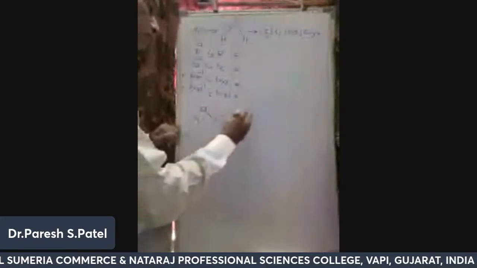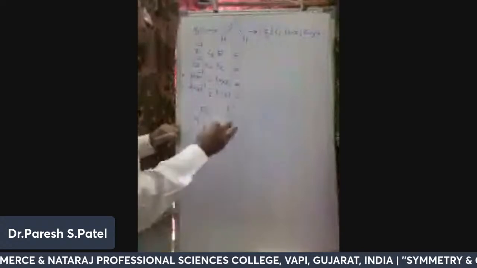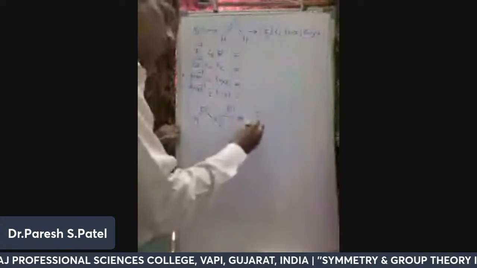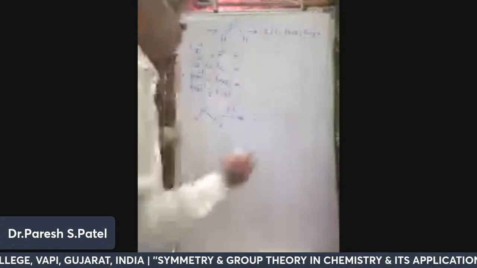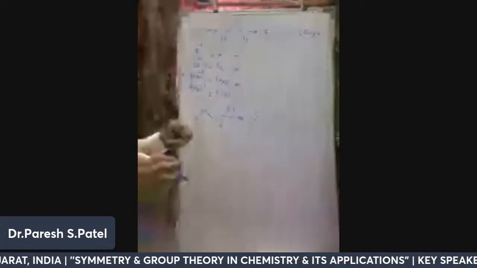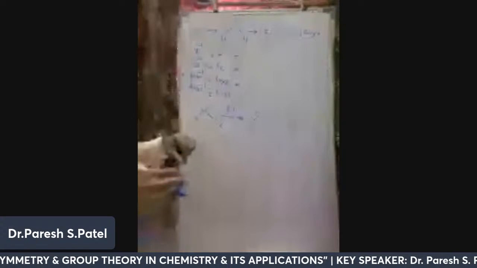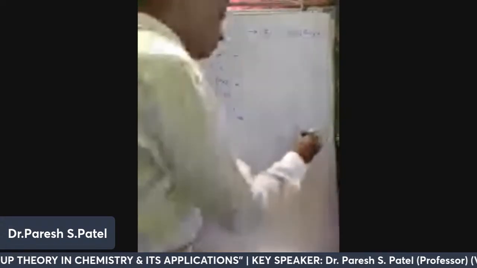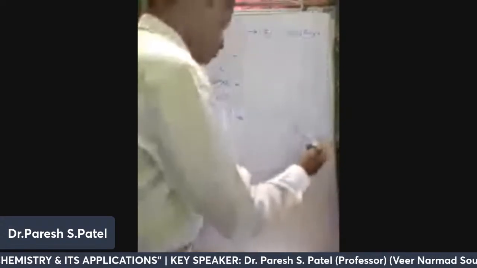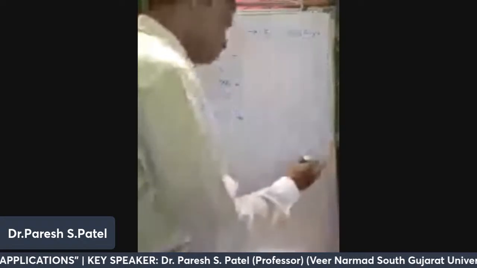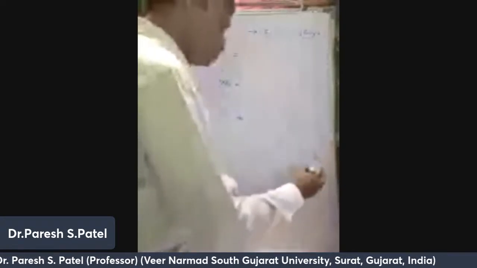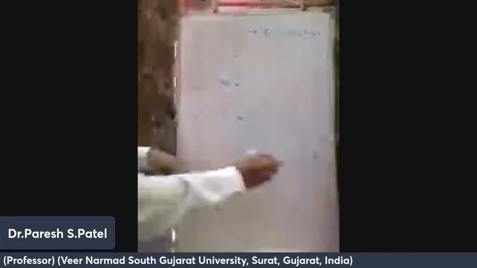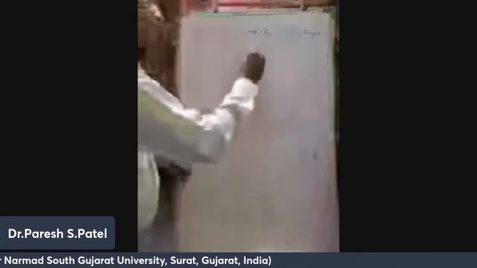First of all, E inverse will be the same. C2 inverse means we have to rotate the molecule along the imaginary axis by 180 degrees to give H2, H1. Again, E, H2, H1. So the overall result is C2.